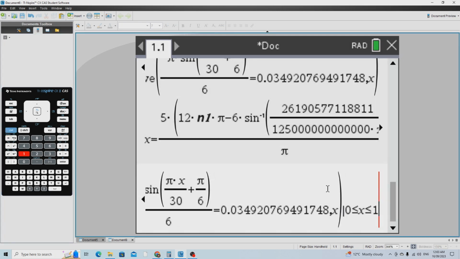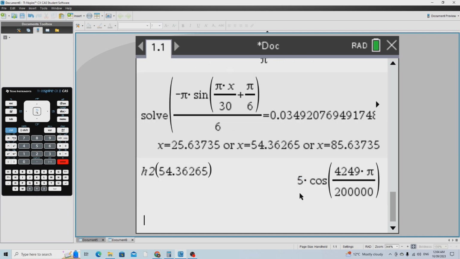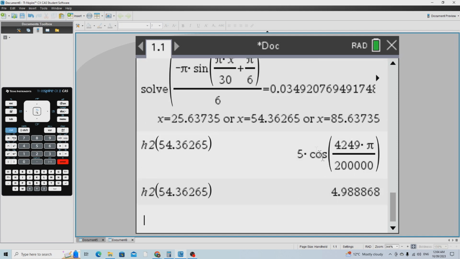Okay, control enter. The tangent should be between 40 and 70, so it can only be this one over here. So choose that. That's our actual x value. And what's h2 of that value? Control enter. Okay, that's it.